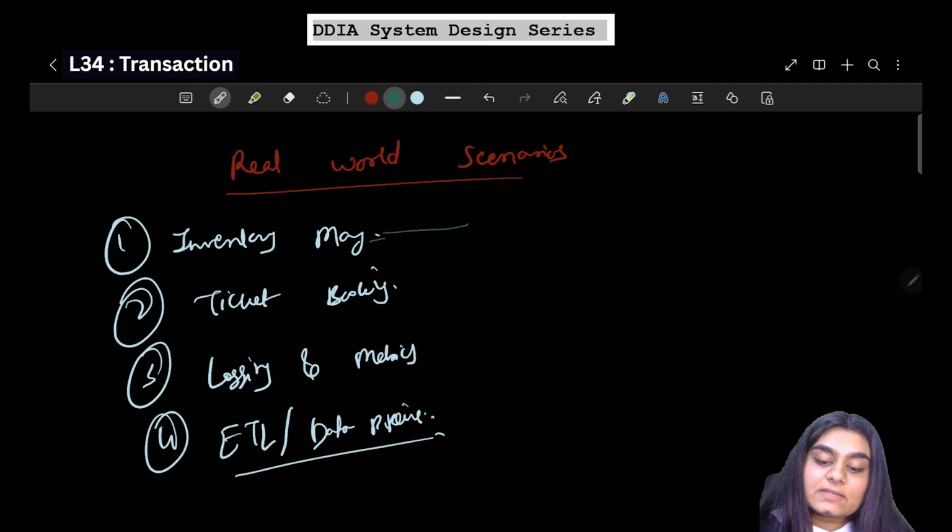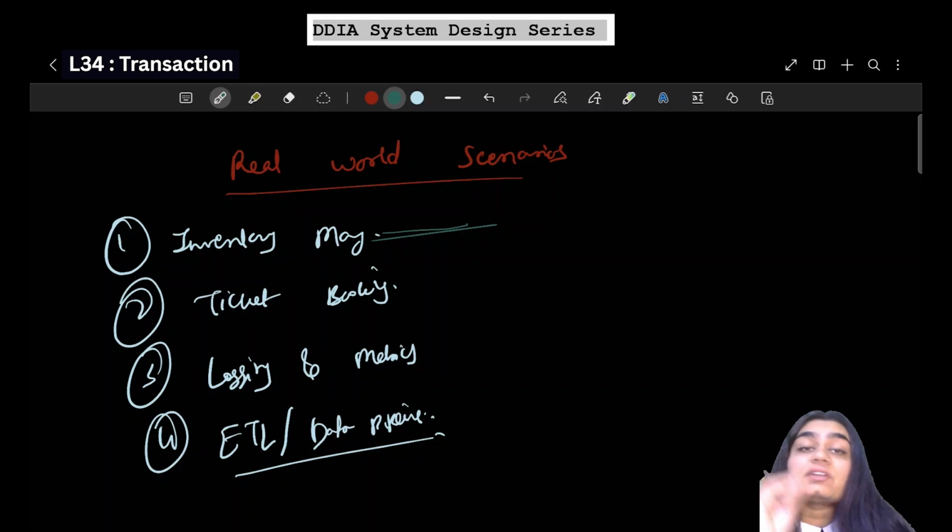In inventory management, to prevent two warehouses from selling the last item simultaneously, use a transaction or locking to ensure only one decrement happens. In a ticket booking system, we need to ensure that two customers can't book the same seat on a flight or concert. The system should isolate both booking transactions so that once a seat has been taken by one transaction, another can't take it before the first is finished.